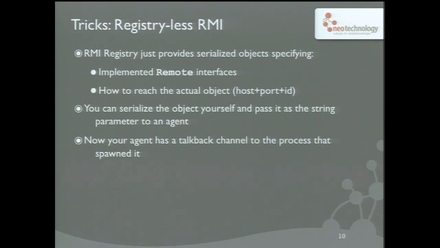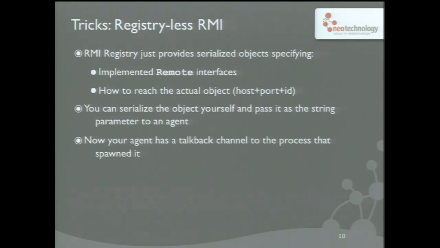What an RMI registry does is that it's essentially a hash map running in some Java process that I can connect to, that has a hash map from an identifier to a serialized RMI stub. So I go into that process, go into the hash map, get the stub that I'm interested in, and I deserialize it in my process, and I connect to it. Super simple. So the RMI registry doesn't actually do anything. It just holds these serialized objects.